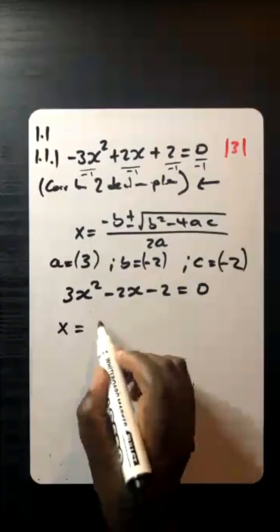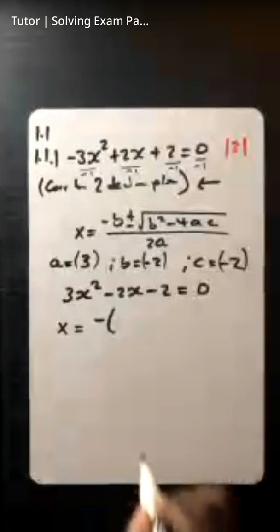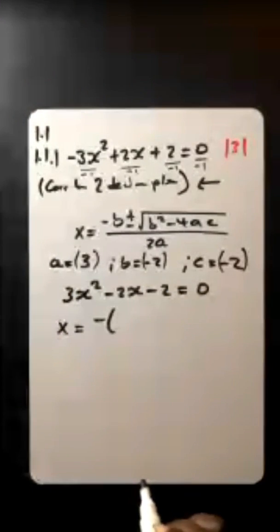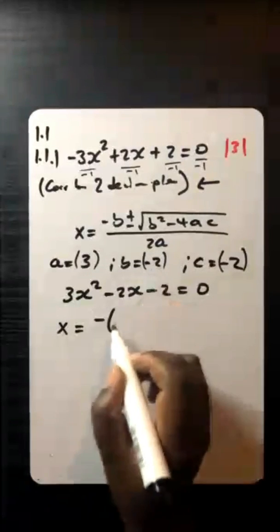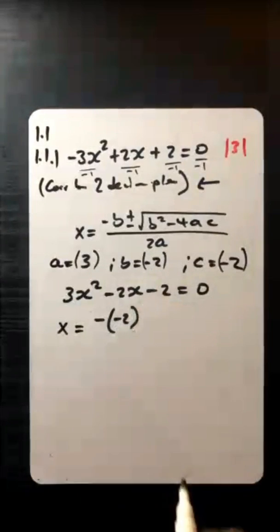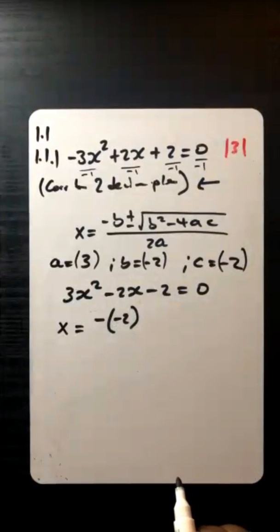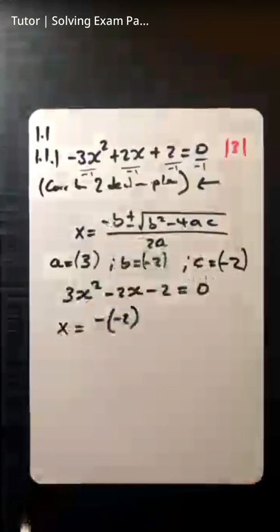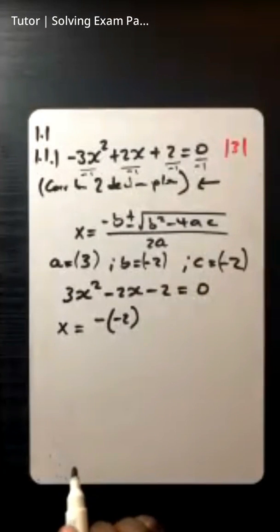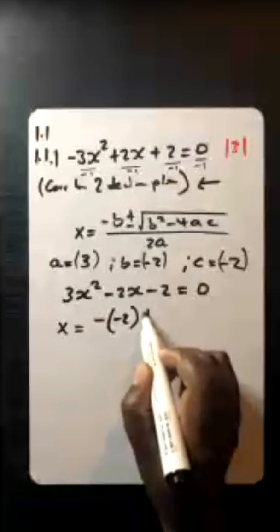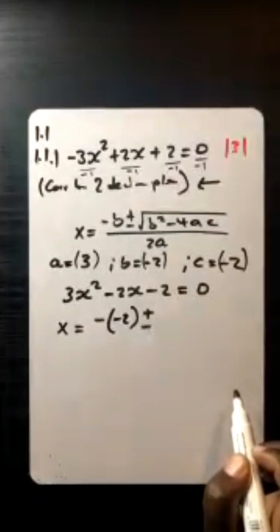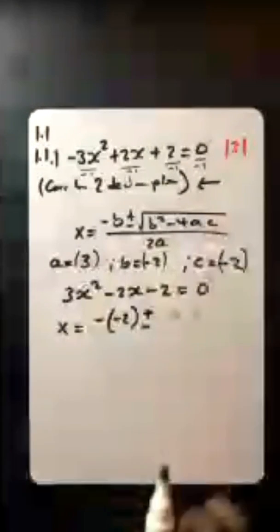So we've got negative from the original formula into what is our B value? It's -2. So can you see it removes that confusion of that part where you've got a negative and again you are substituting with a negative value. Okay, so plus or minus. Remember, you just write everything as it is.